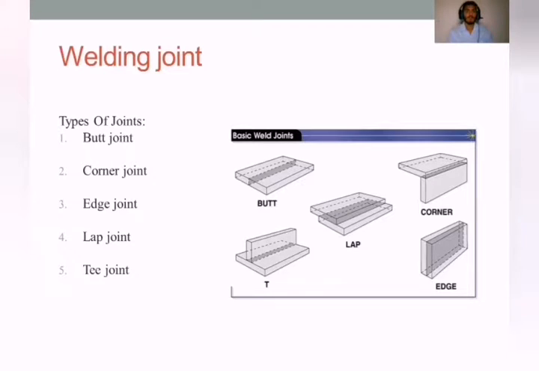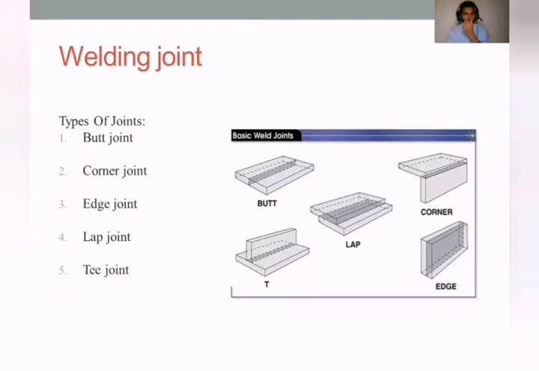There are five types of joint referred to by the American Welding Society: butt, corner, edge, lap, and T. These configurations may have various variations at the joint where actual welding can occur.